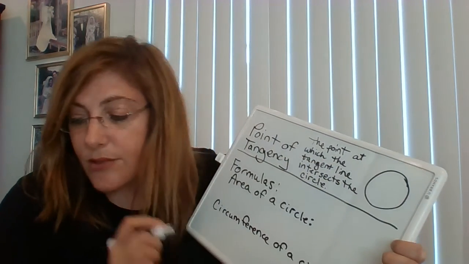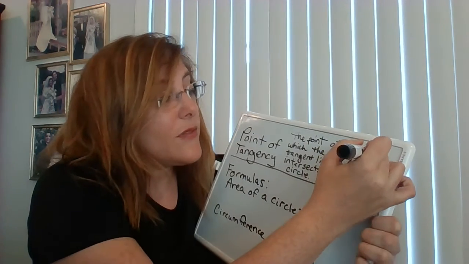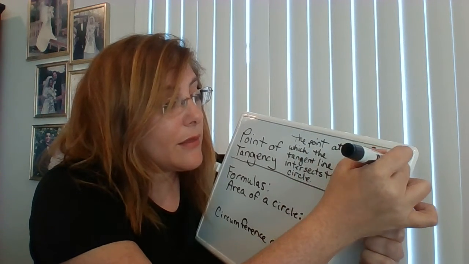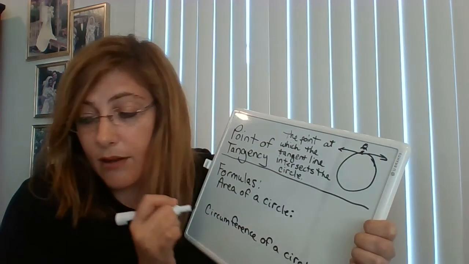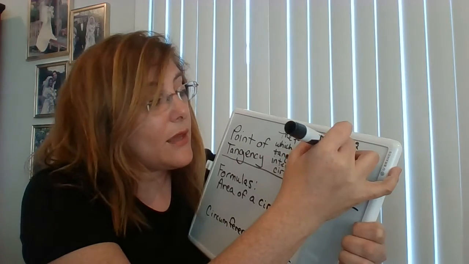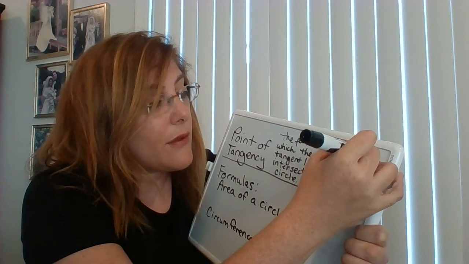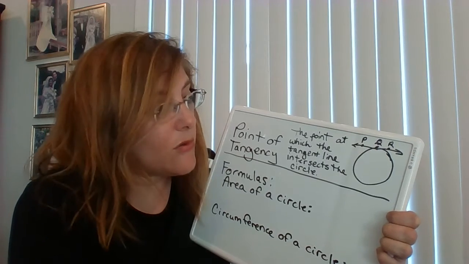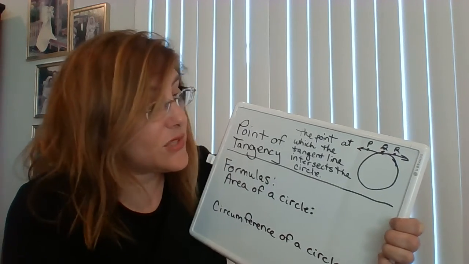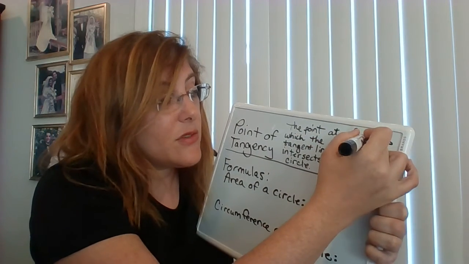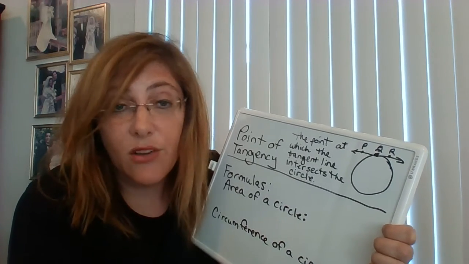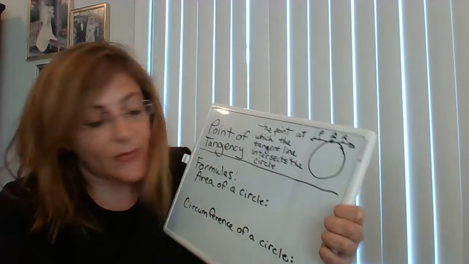Okay, so if this is our tangent line right there, and it's line PR, so the point of tangency is Q, because our line only intersects the circle right there at point Q. So that's called the point of tangency.